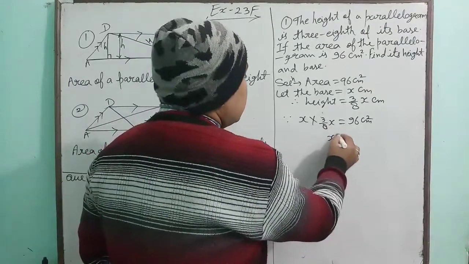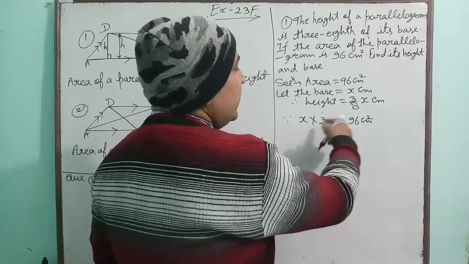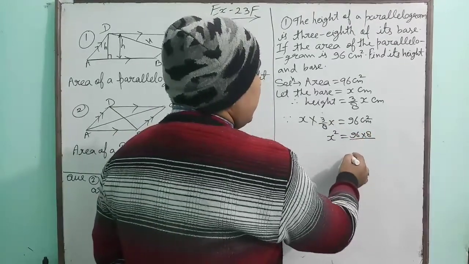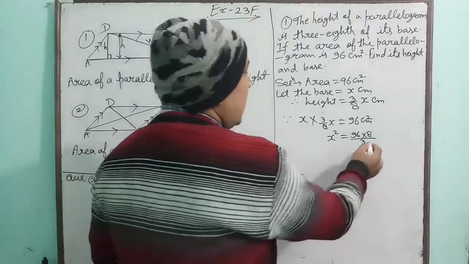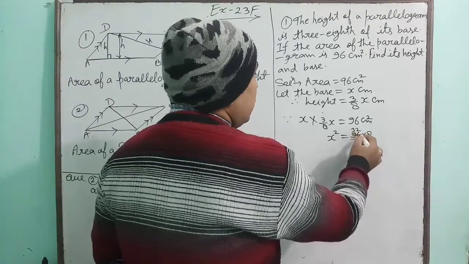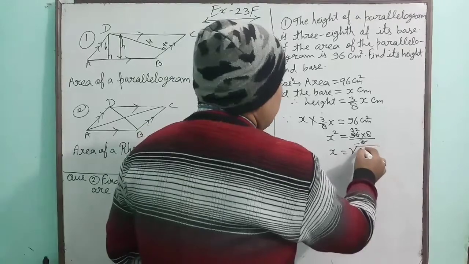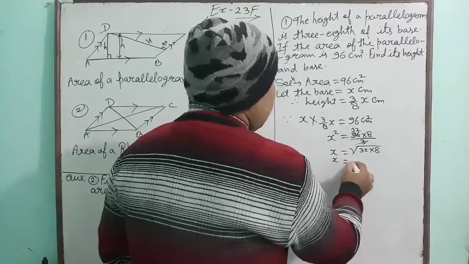x into x, x square. This 3 by 8 will be transferred to the right hand side. Then 96 will be multiplied by 8 and divided by 3. Now 3 dividing 96 is 32 times 8. So x is equal to square root of 32 into 8.